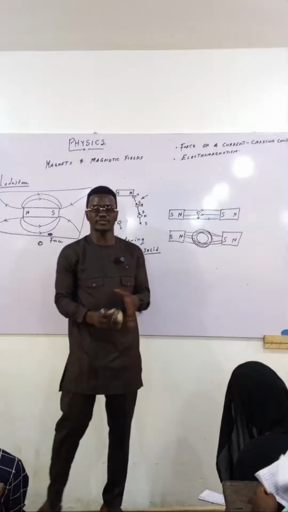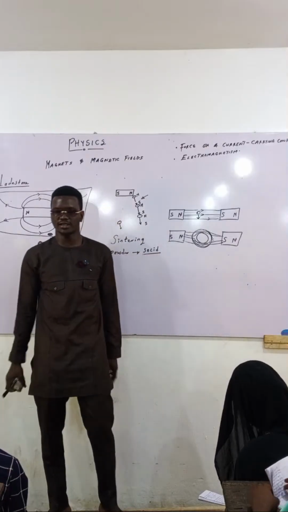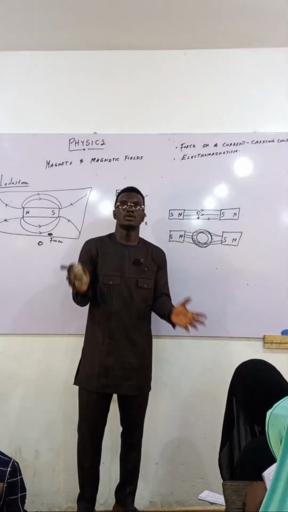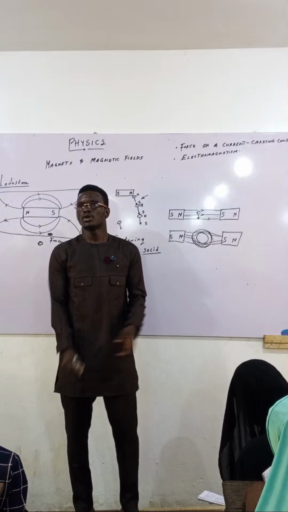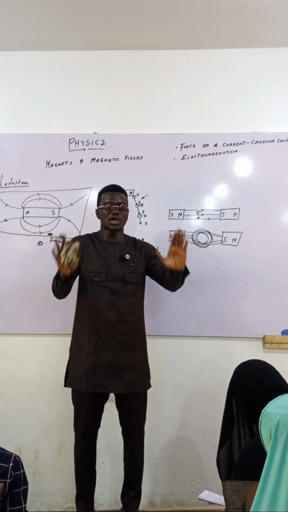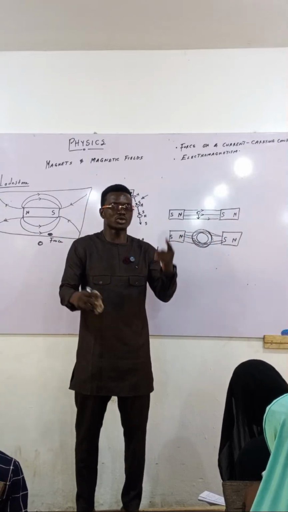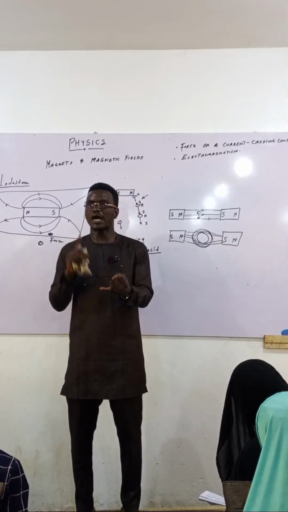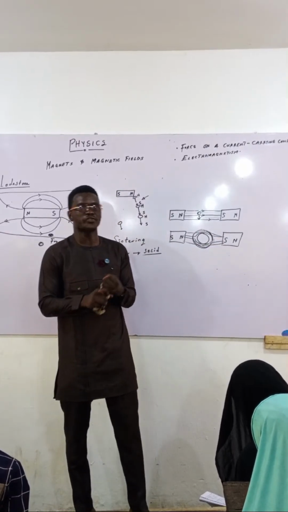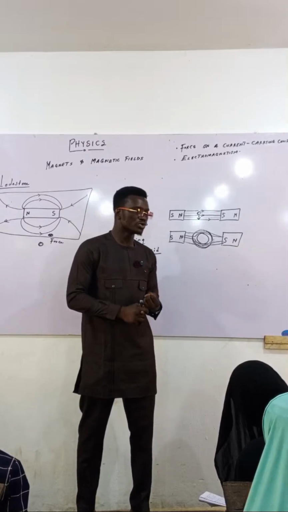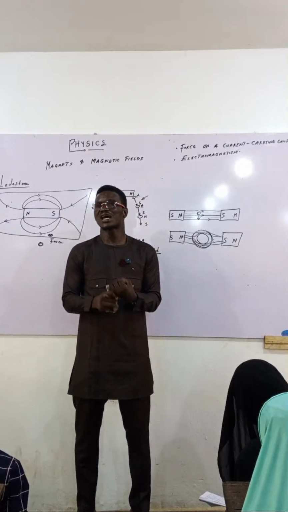I said that if I explain this, some of you might be looking confused, but you will get it. So let's move on. Please, do you understand shielding? Shielding just means you want to protect. So the question they can ask you here is, how do you shield a magnetic field? What do you use? Answer me.